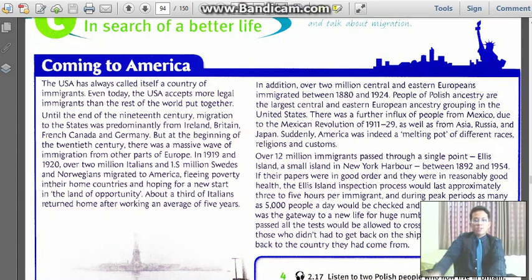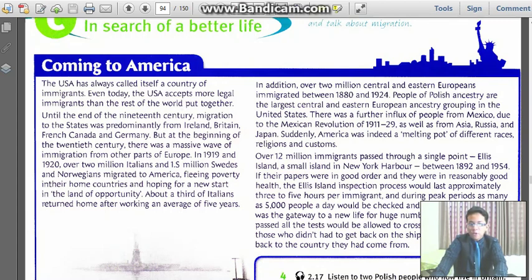In addition, over 2 million Central and Eastern Europeans immigrated between 1880 and 1924. People of Polish ancestry are the largest Central and Eastern European ancestry grouping in the United States.